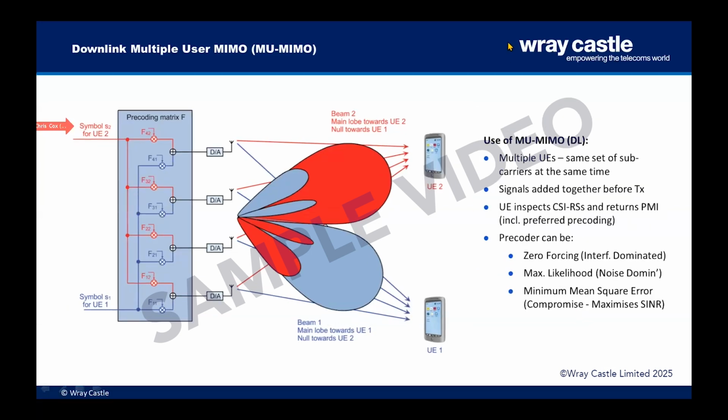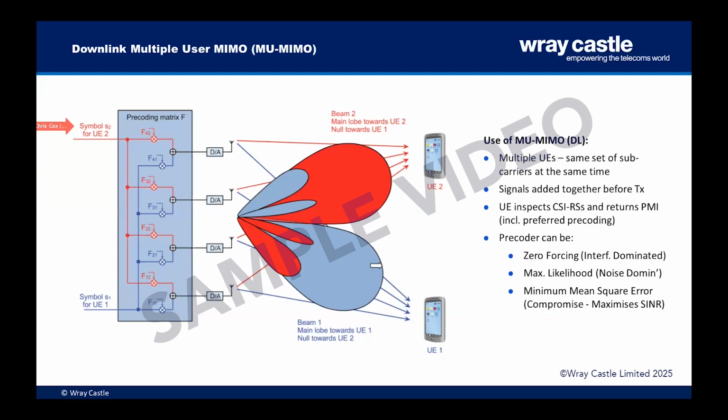Let's just go back to this downlink slide for a moment. You might think, hey, fantastic, all our capacity problems solved. Well, it ain't quite as simple as that, I'm afraid. This works fine with 2 mobiles in the cell. But imagine what would happen if we had 10 mobiles within the cell.